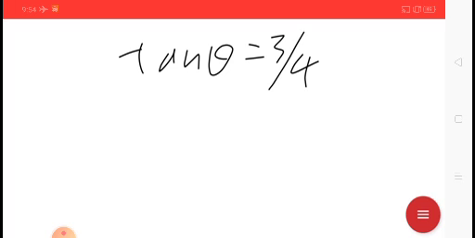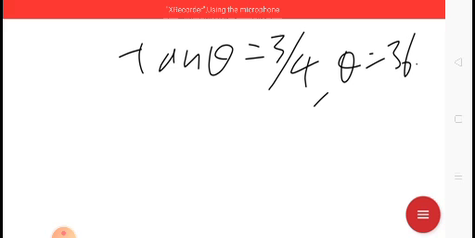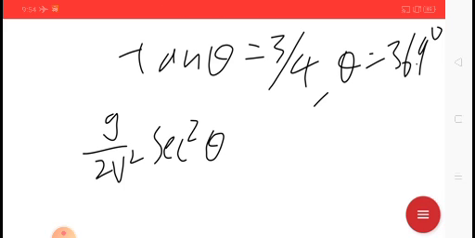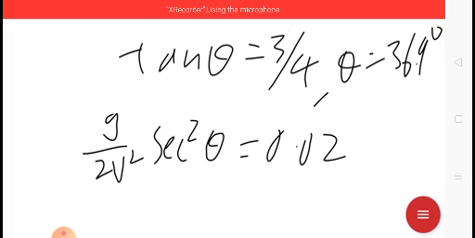When you compare, you know tan theta is equal to 3/4, 0.75, so theta is equal to 36.9 degrees directly. That saves a lot of time. And you know that g over 2v squared times sec squared theta is equal to 0.02. You need to find cos theta from tan theta. Using a triangle is better because you will get the exact value.